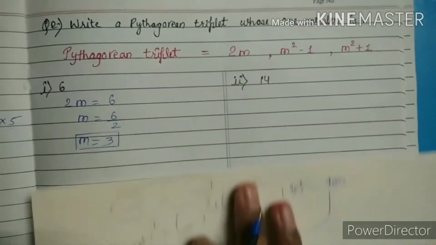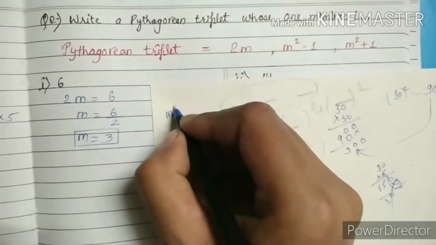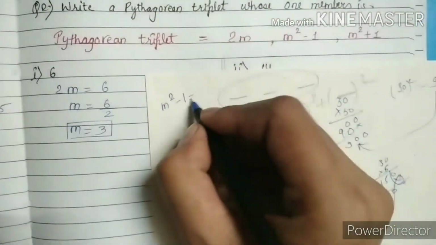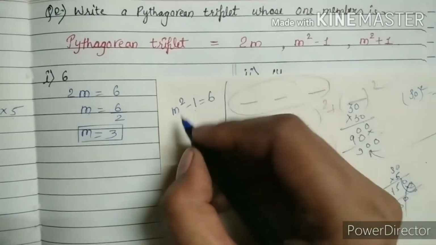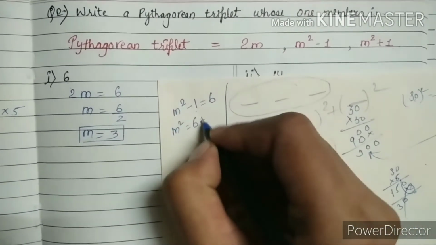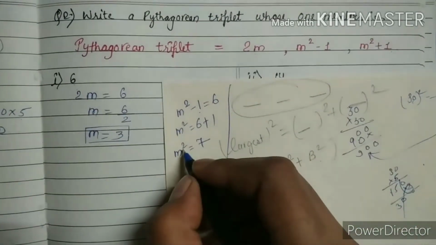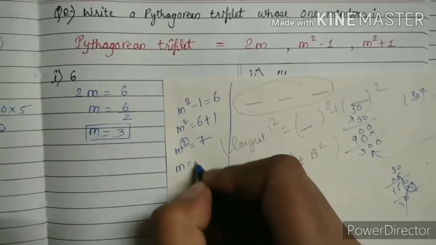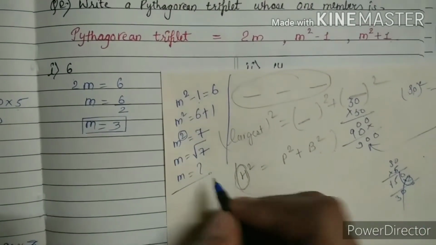If we instead put 6 as m square minus 1, when we solve, we shift negative 1 to the opposite side, it will be 6 plus 1. Okay. So m square is equal to 7. When I take the square root, it becomes under root 7. We can't take that as the value of m.